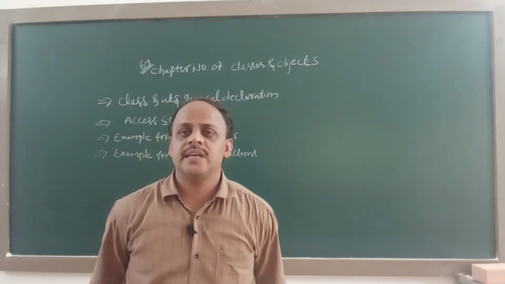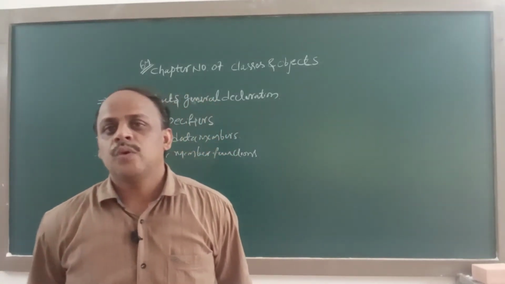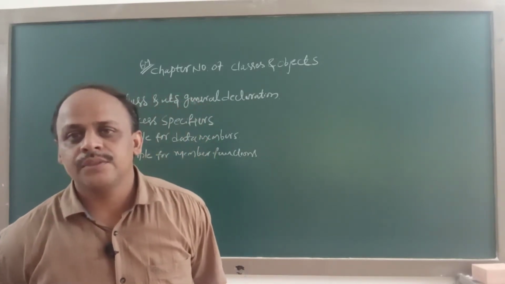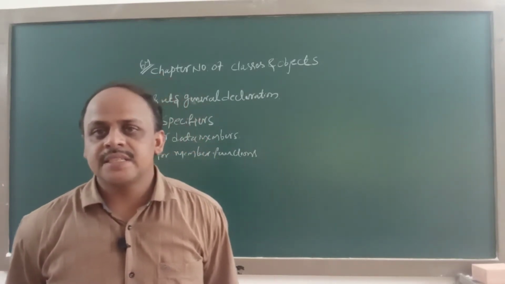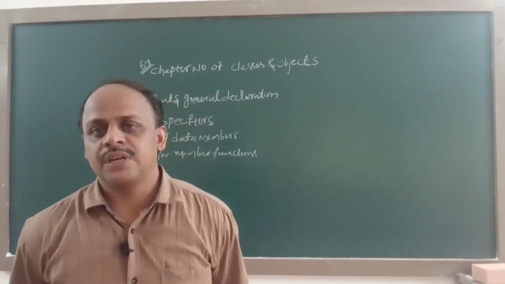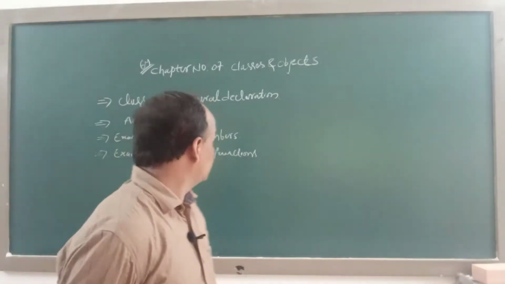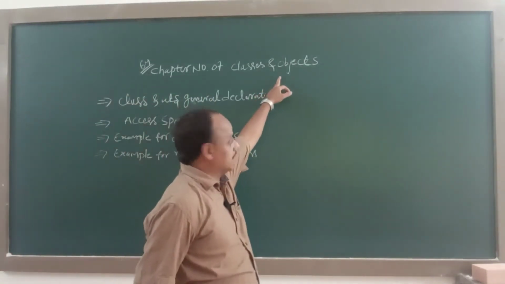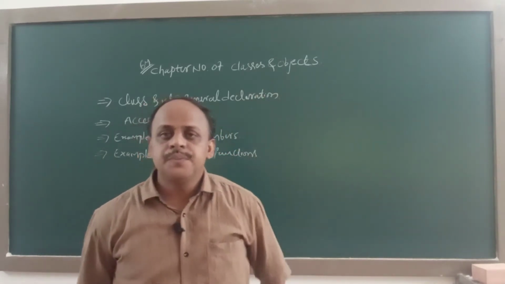In the last class we took a definition. What is meant by a class? A class is nothing but a collection of objects with data members and member functions, right? And we also discussed the definition of objects, right? What are objects?